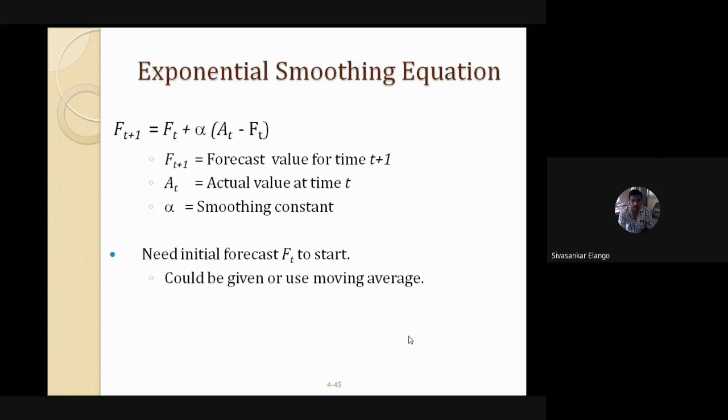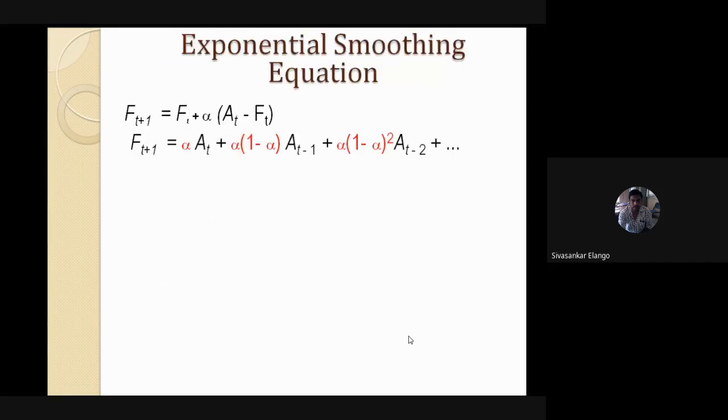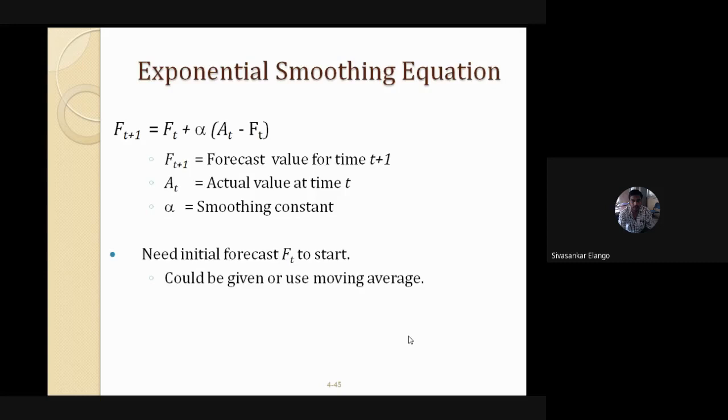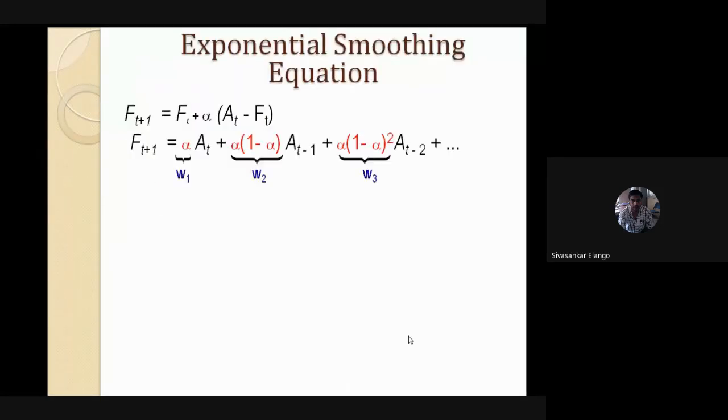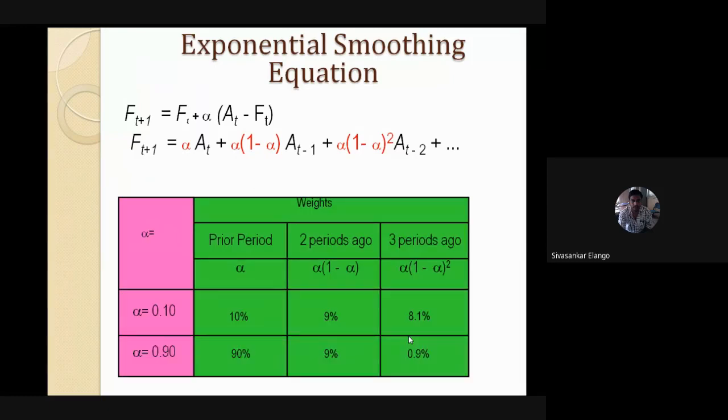So the forecast value at time t plus 1 depends on the current value as well as the actual value at time t. Again, we can work this out using a simple formula.